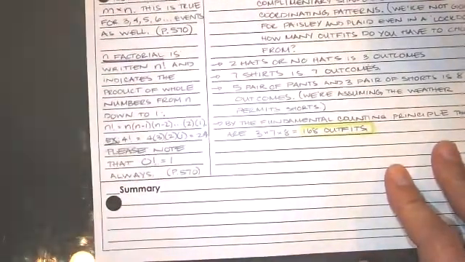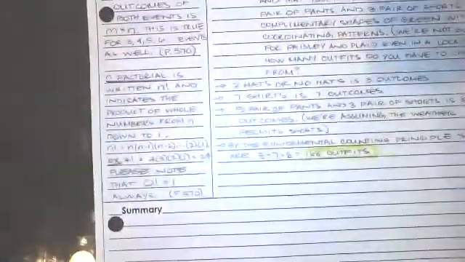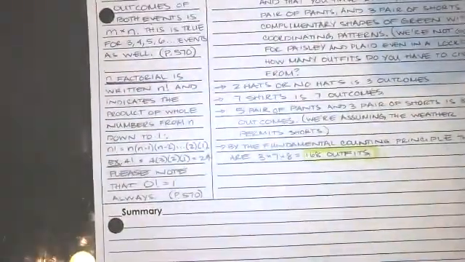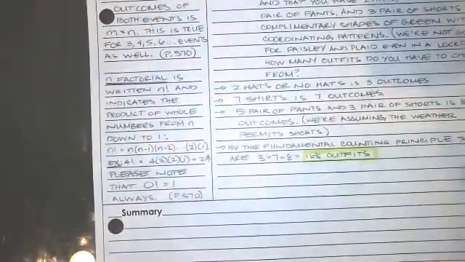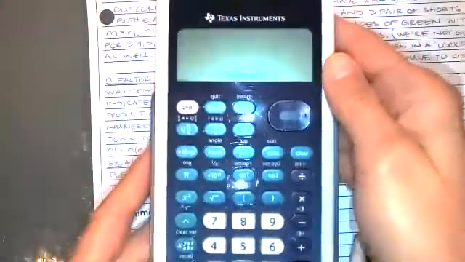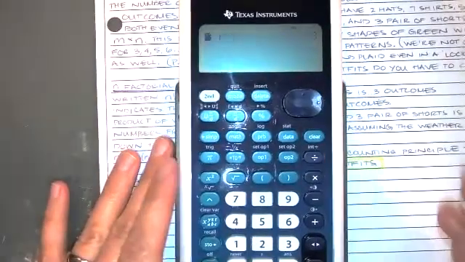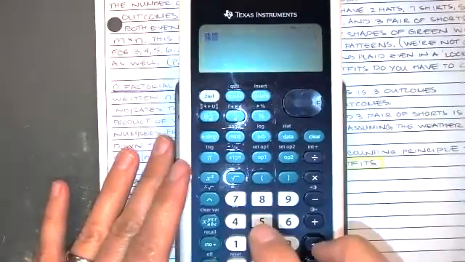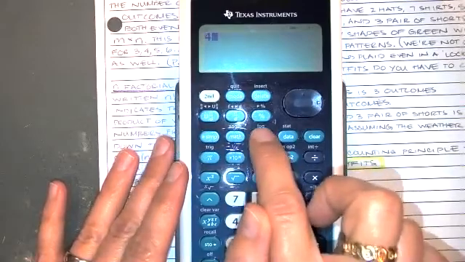And I want to show you that button on my calculator. So on my calculator, when I turn it on, and if I hit 4, then my factorial button is under the probability button.